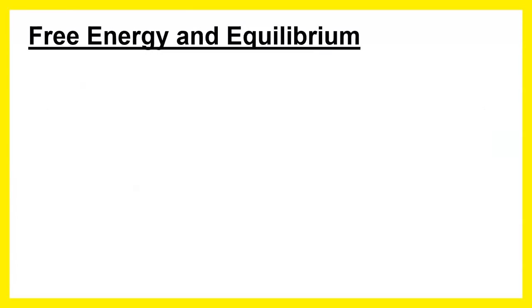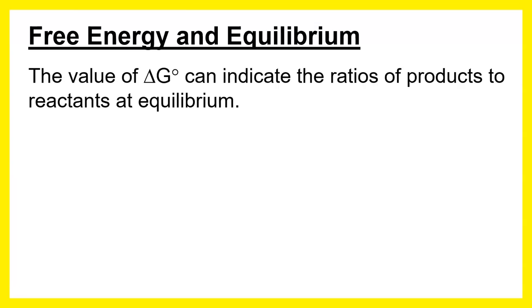Now, the weird part, connecting all this to equilibrium, okay? The value of delta G naught can tell you, can give you information about the ratios of products to reactants when you're at equilibrium. There is a connection between that.